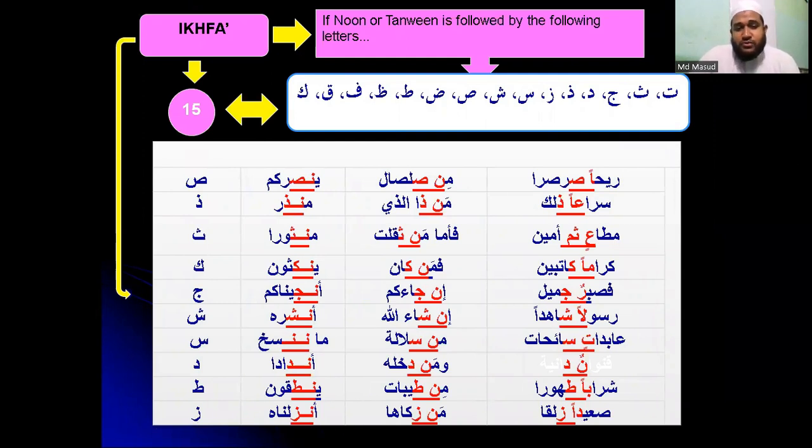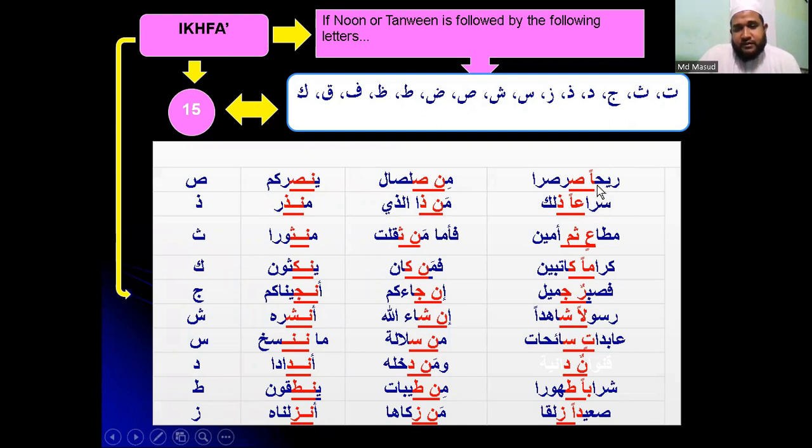So how do we read ikhfa? It will be clear with examples. There are a lot of examples. I'm not going to read all of them, as this is a demo video, not the original video, and that's why I'm going to make it very short. I'm going to read only 3 examples from here. First example, rihan soro.